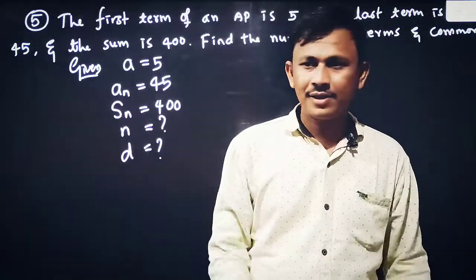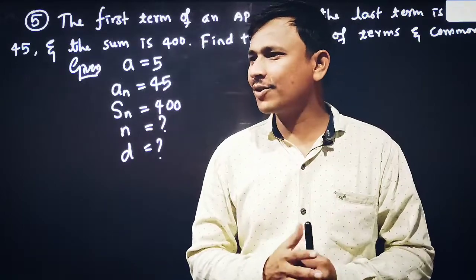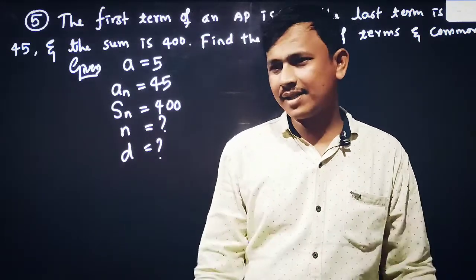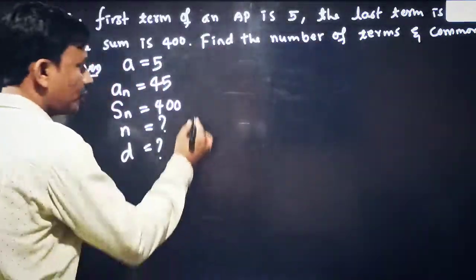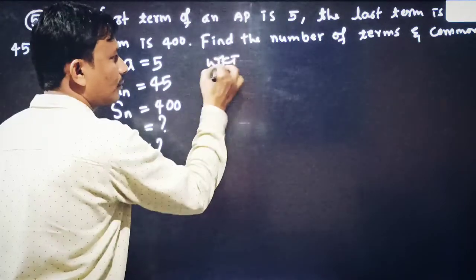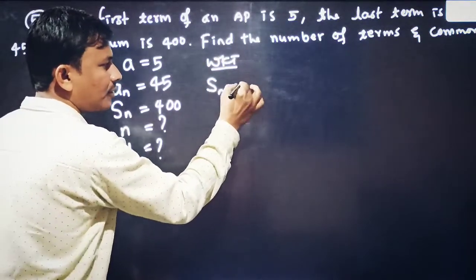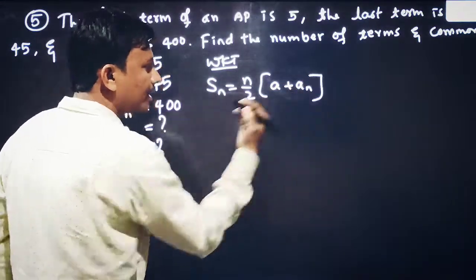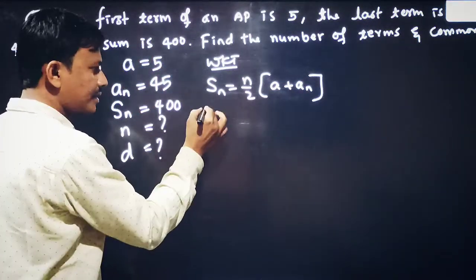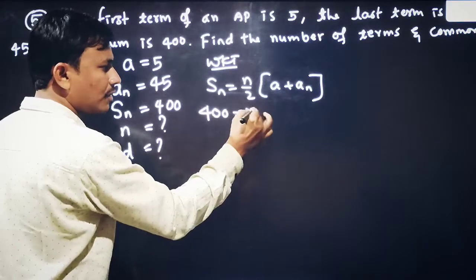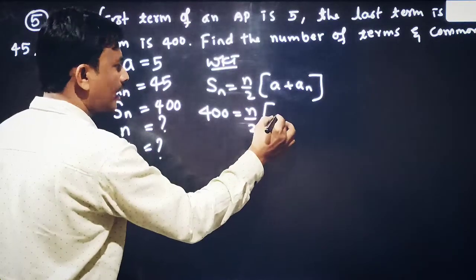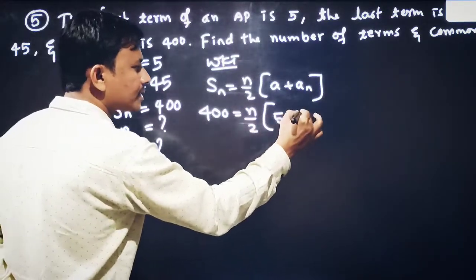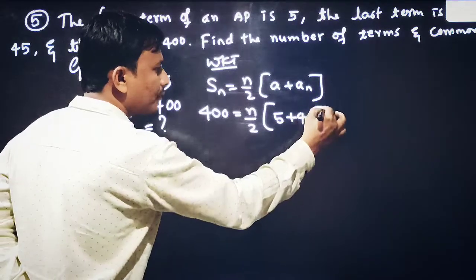Understood? Small formula. Sn is equal to n by 2 in bracket a plus an. We know that Sn is equal to n by 2 in bracket a plus an. Sn value is 400 is equal to n by 2 in bracket a value is 5 plus 45.